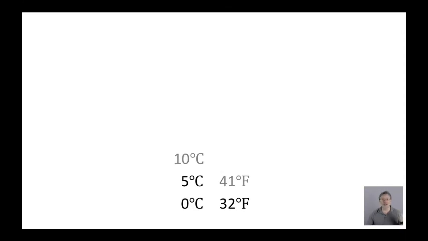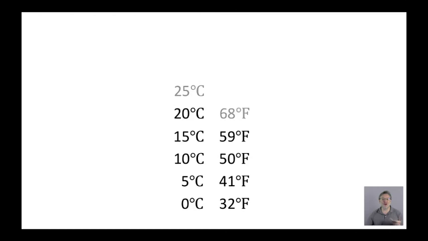We can then jump to 10 degrees Celsius, which is the same thing as 50 degrees Fahrenheit. So now 15 degrees Celsius, that's 59 degrees Fahrenheit. 20 degrees Celsius is 68 degrees Fahrenheit. So room temperature is always in the low 20s degrees Celsius. 25 degrees Celsius, that's 77 Fahrenheit.